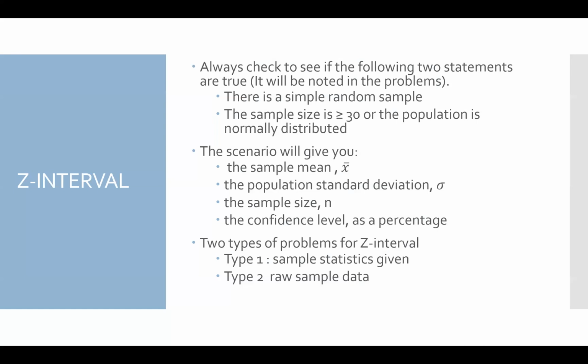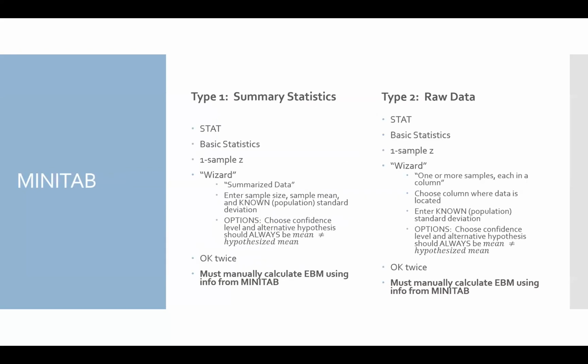So we're going to look at some examples in just a minute, but I need to give you a little bit more background information. So on this slide, and I'm not going to really read the slide to you, but this slide provides the Minitab clicks or steps that you would go through to find the confidence interval for the summarized statistics type 1, but then also how you do it if you have the raw data.